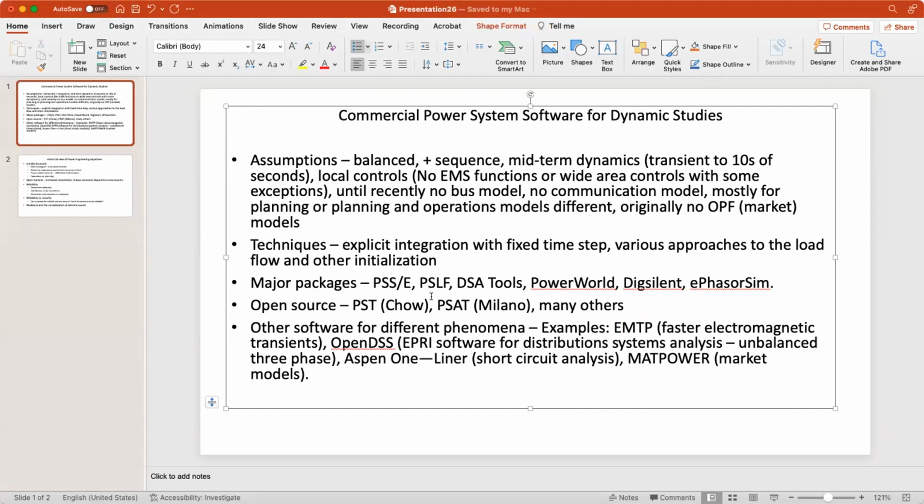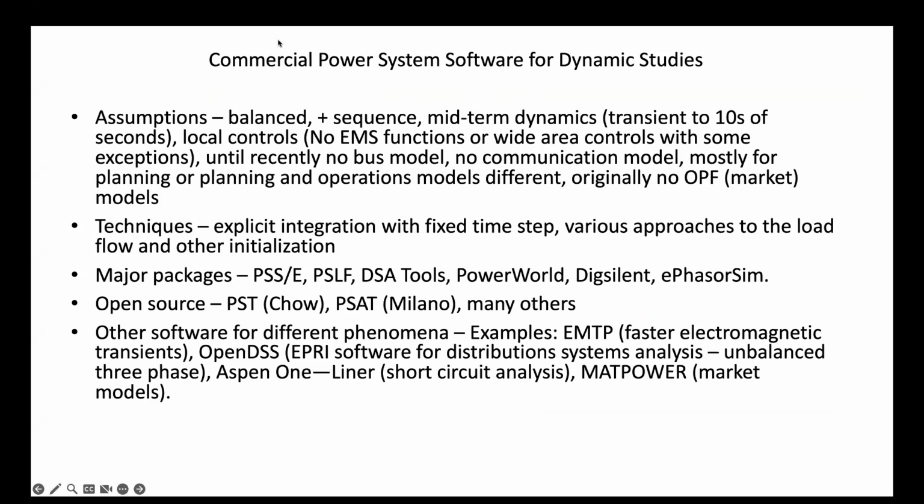Some of you are probably doing more with this type of program, because it does the transients. For faster phenomena, particularly power electronics, you may need those. And there's all sorts of other stuff, whether it's distribution with three-phase imbalance, or short circuit analysis. So there's a lot of other things out there.